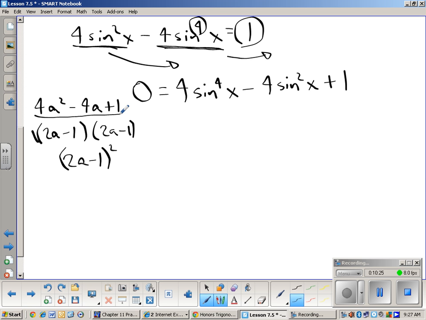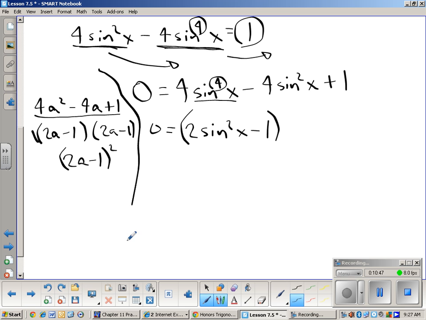Okay? A here represents sine squared x. And when you square sine squared, we got sine to the fourth, didn't we? And so what I have is 2 sine squared x minus 1 times 2 sine squared x minus 1.